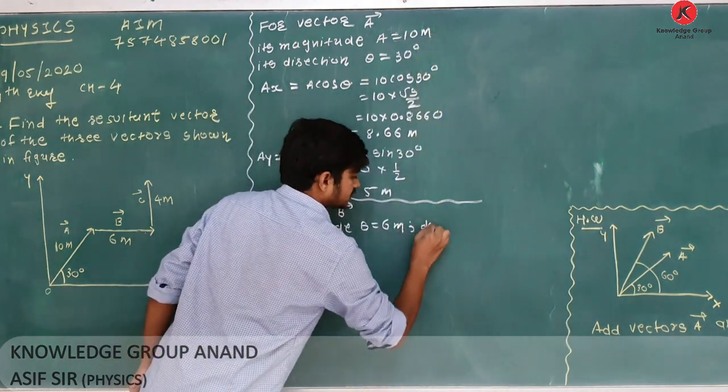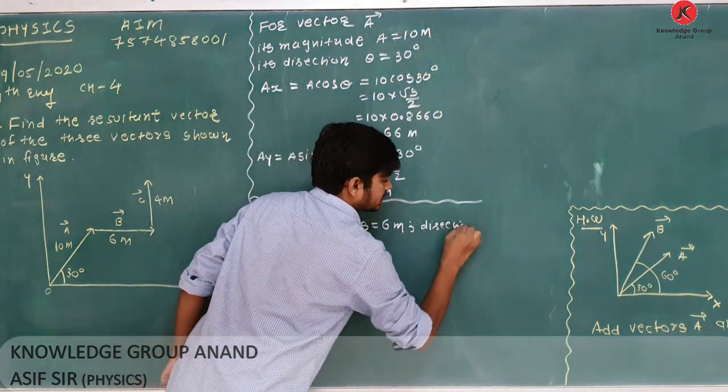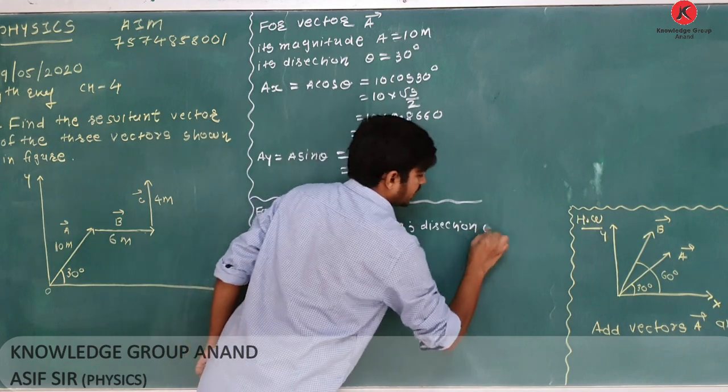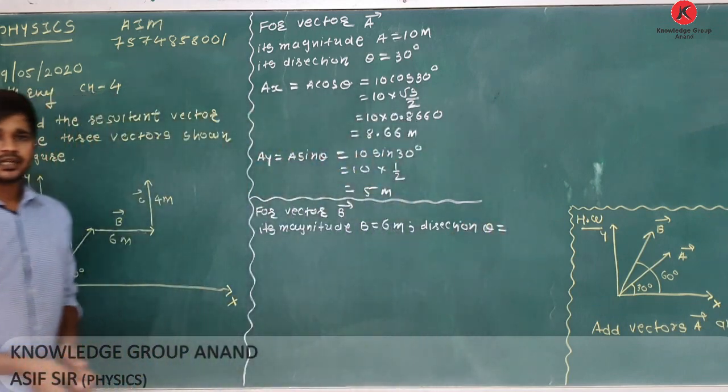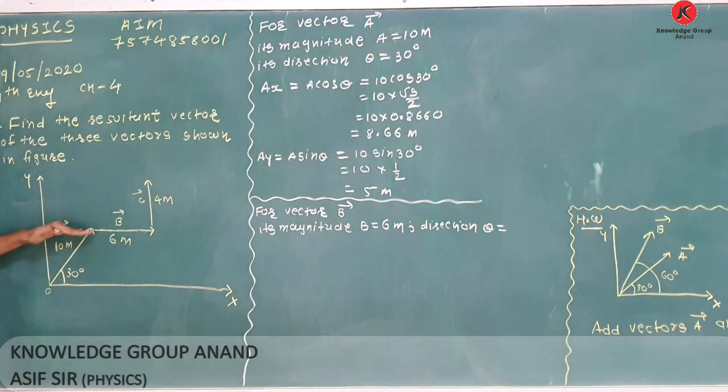What is its direction? Its direction theta is equal to... See here, this vector B is parallel to the x-axis, in the horizontal direction.